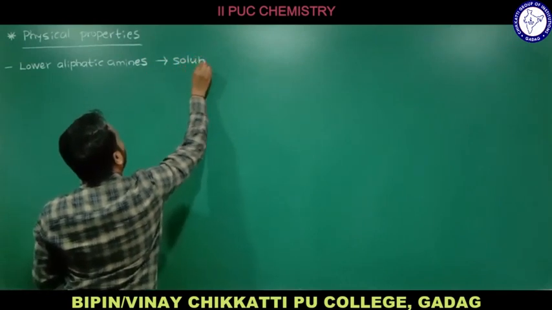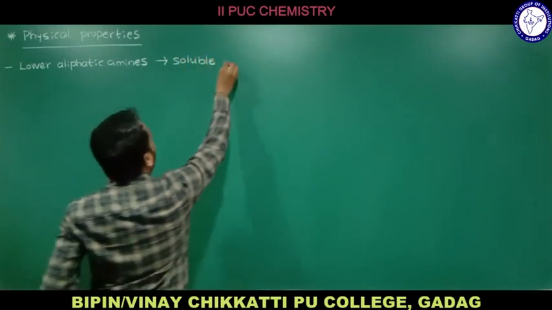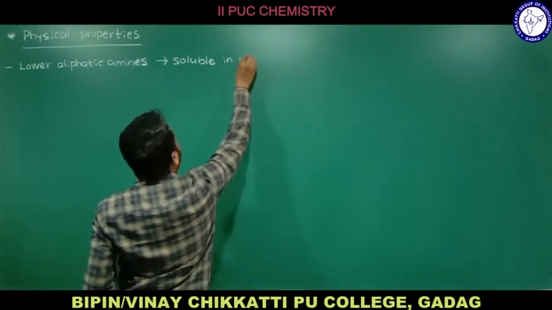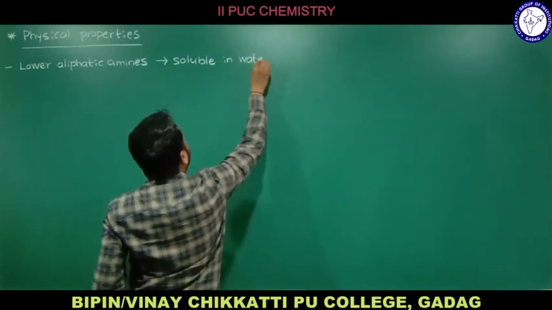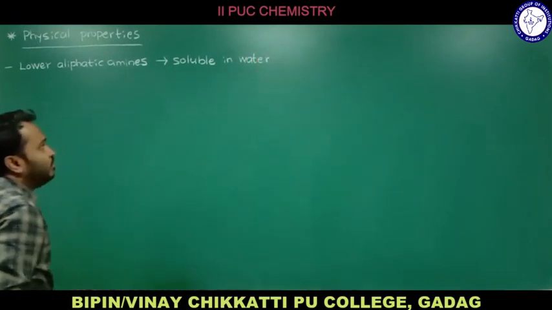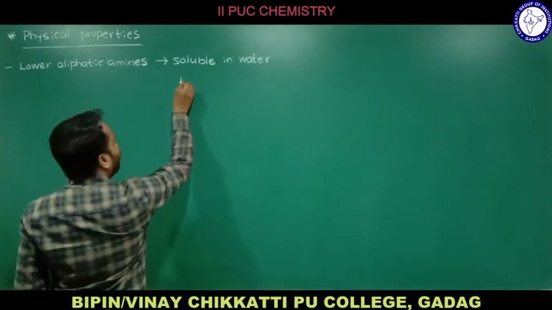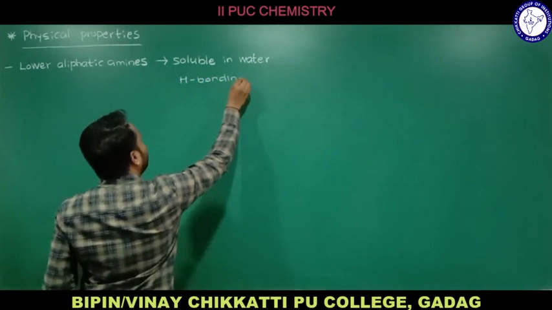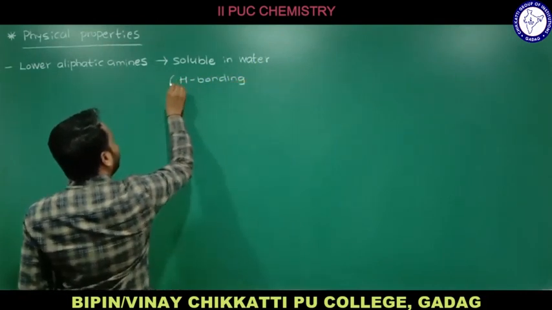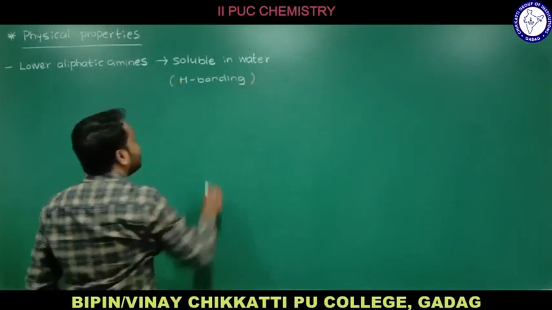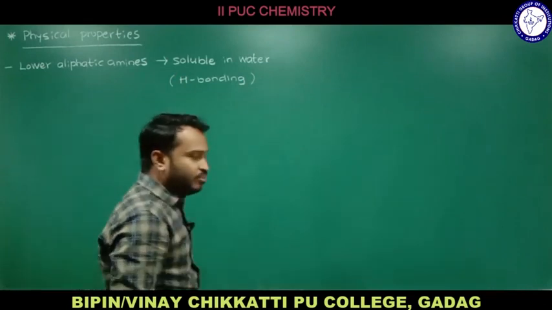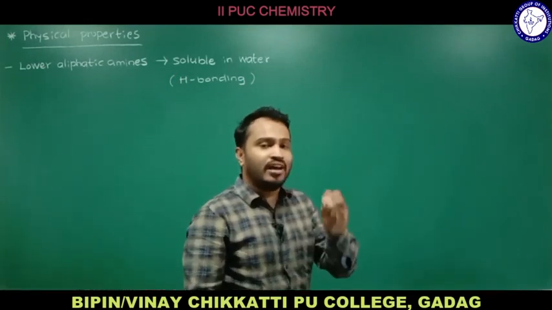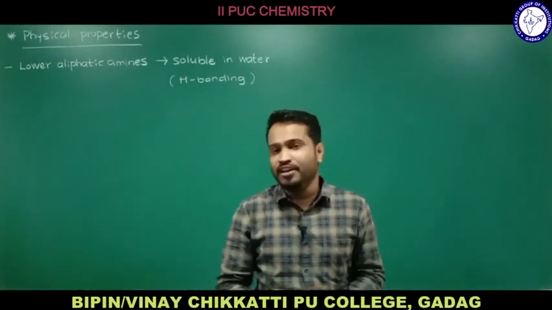As I told you, the aliphatic amines are soluble in water because of the formation of hydrogen bonding. There will be hydrogen bonding in lower aliphatic amines with the water molecule, and because of that the lower aliphatic amines are soluble in water.